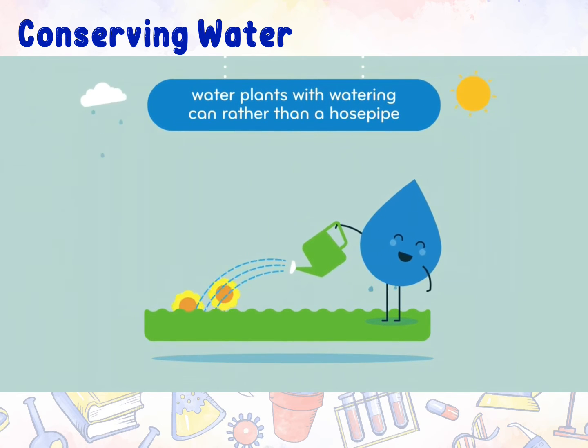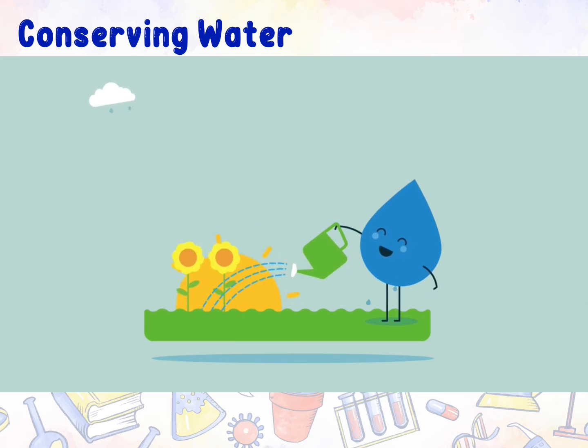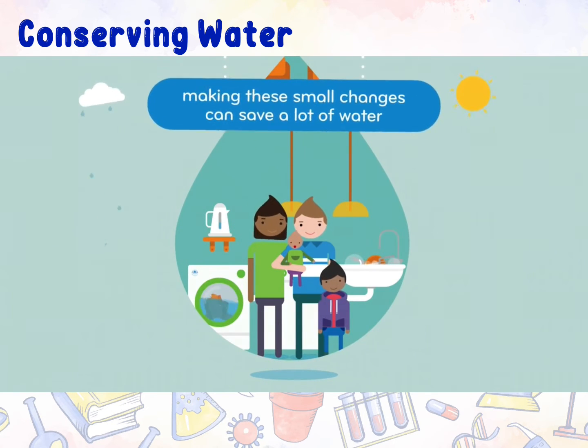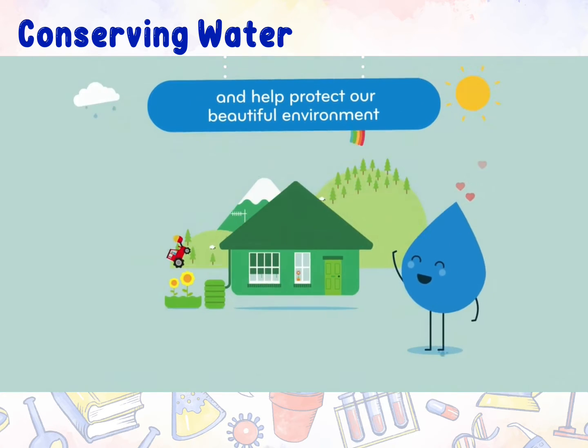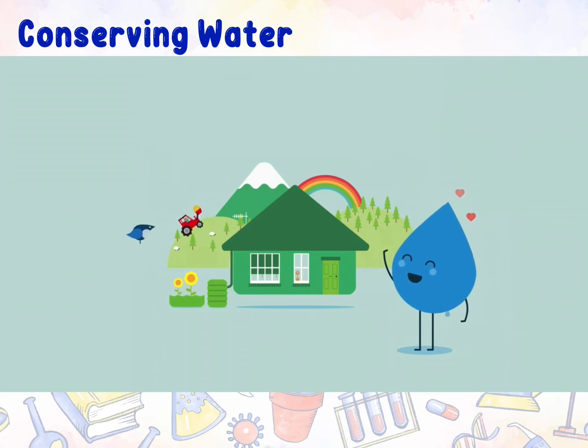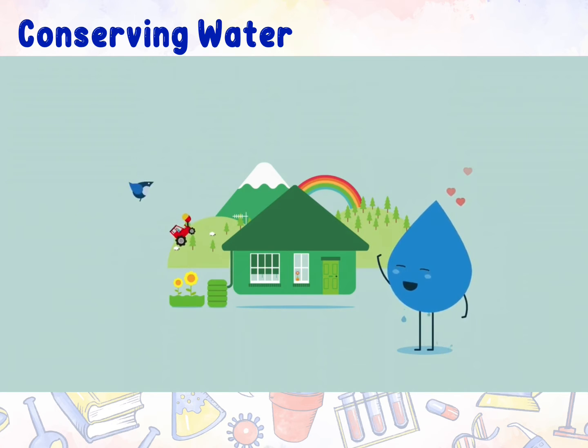And also when you water the plants, like we said, use the watering can rather than a hose pipe. So that will also help you to save water. So, all these small changes can save a lot of water. When one person does it, it's little, but when everyone does it, it will help protect our environment.